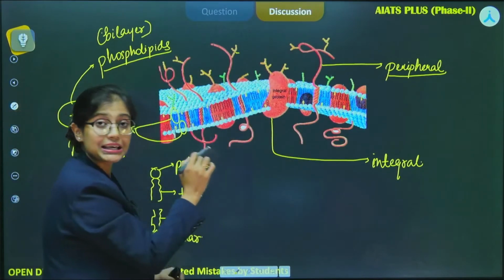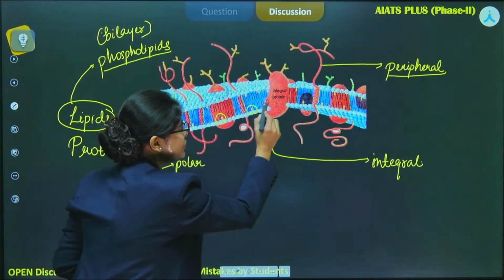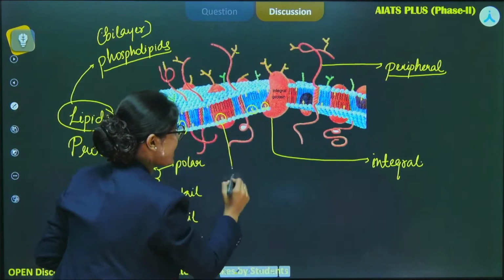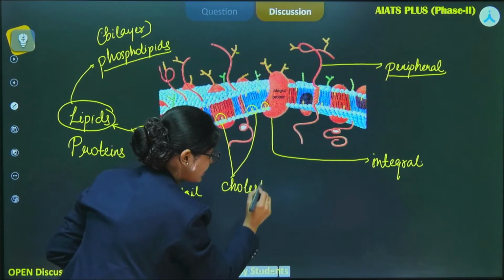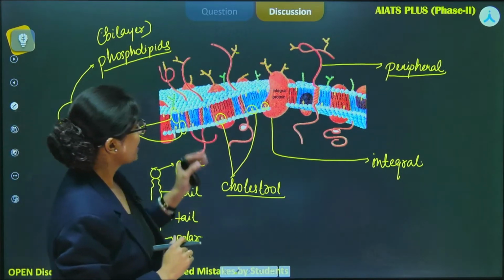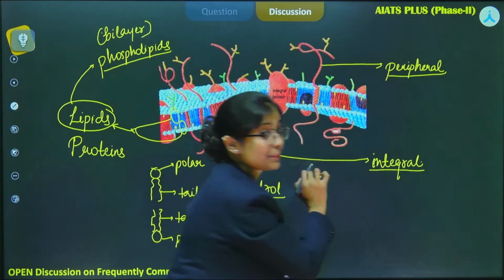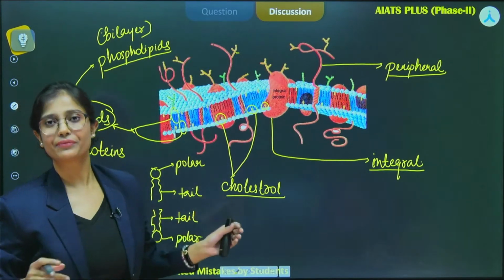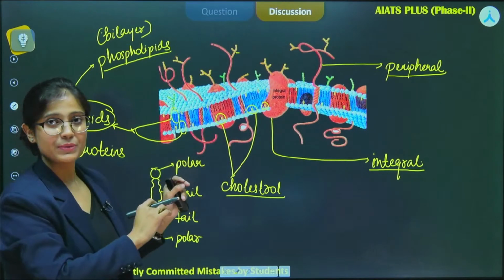Now, in the plasma membrane structure, you can see these yellow structures which are present somewhere in between the phospholipid layer. These are cholesterol. Okay? Now, these peripheral and integral proteins found in the plasma membrane are basically classified on the basis of their ease of extraction.